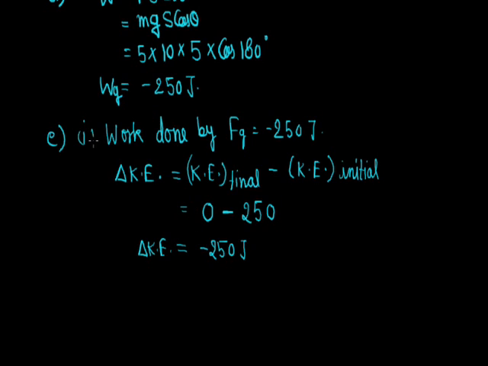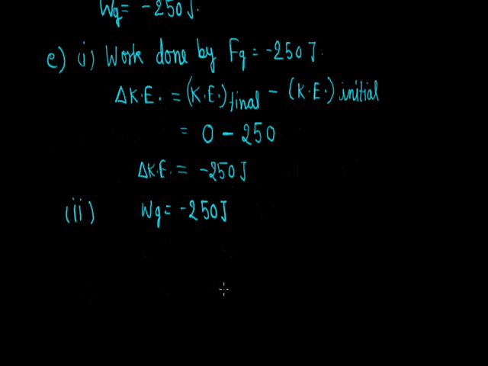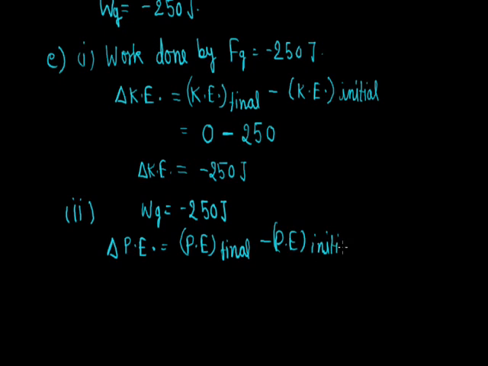And the second point is work done by force of gravity, again we have minus 250 joule, and when we calculate the change in potential energy, which will be equal to potential energy final minus potential energy initial, as potential energy final at the topmost point is 250 and potential energy at the lowest point is 0, since here height is 0, we get change in potential energy is 250 joule.